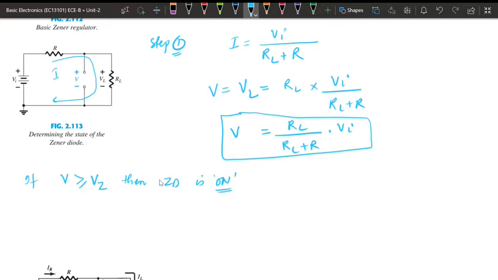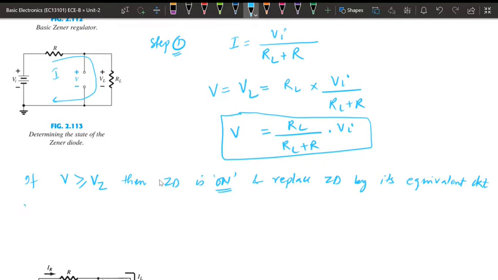Okay, and on mode means in breakdown region. So if this is the condition, we need to replace the Zener diode by its equivalent circuit.